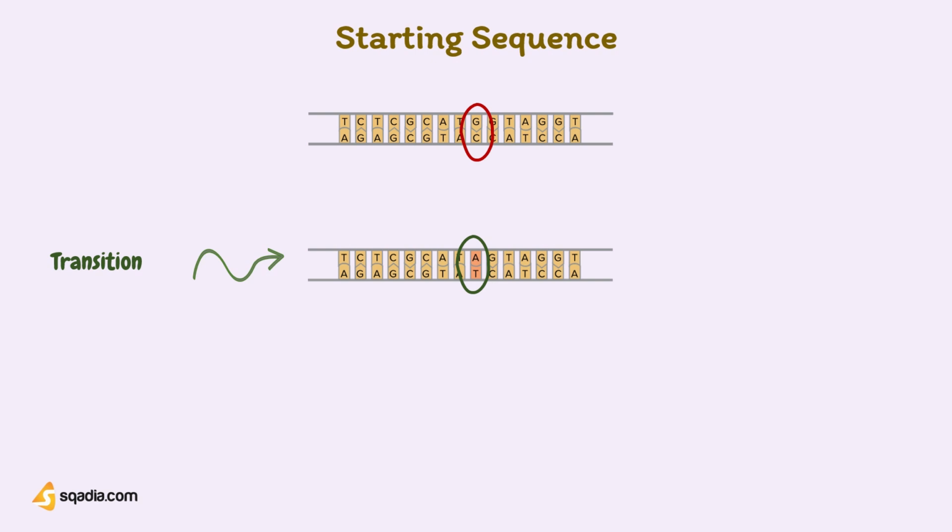The other subdivision of substitutions is transversion, in which a purine changes to a pyrimidine, or a pyrimidine changes to a purine.